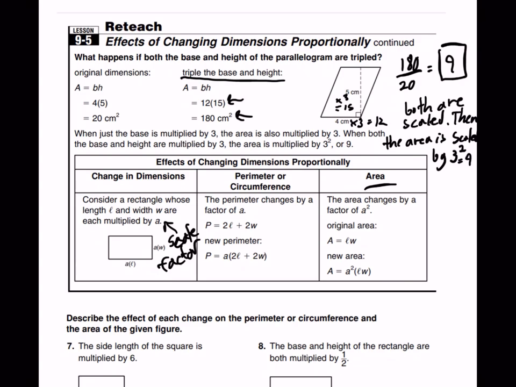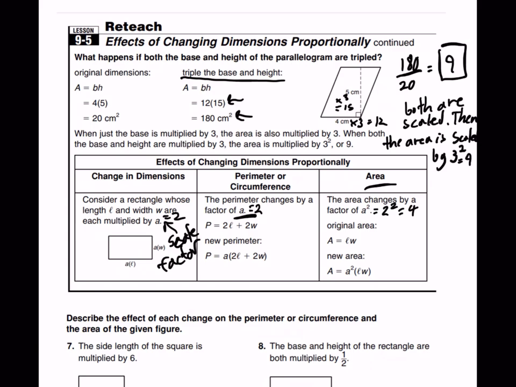Then the perimeter will change by just A. So if the scale factor was 2, for example, then the perimeter will change by just 2. But the area, because we're in units squared, will be changed by A squared, which in my example is 2 squared, so it's changed by 4.